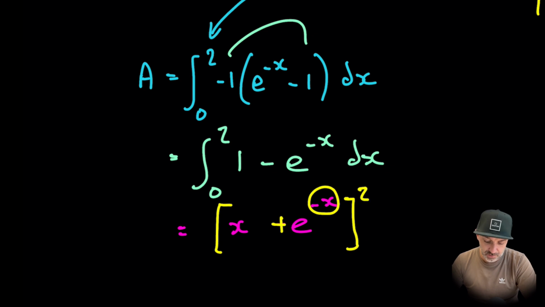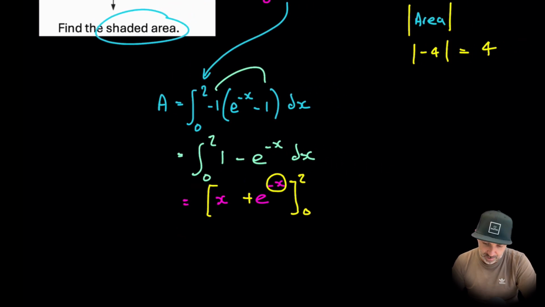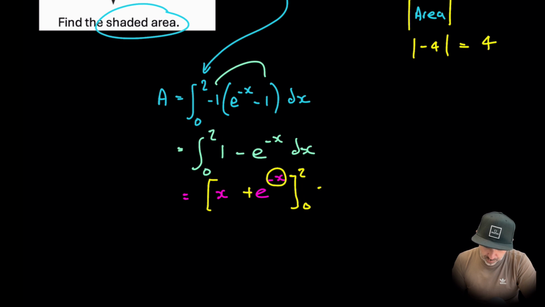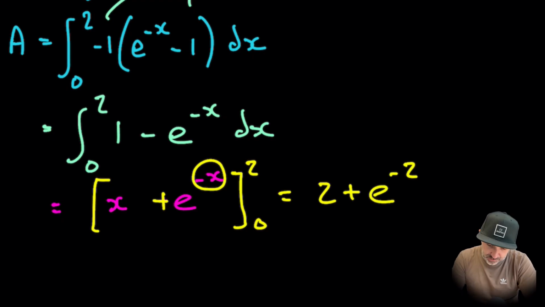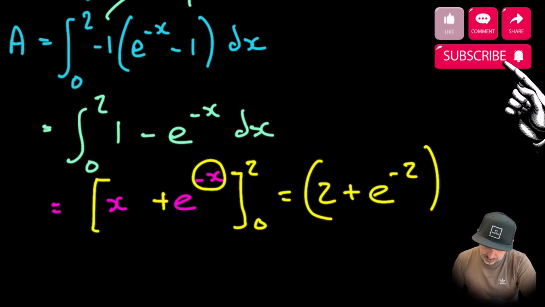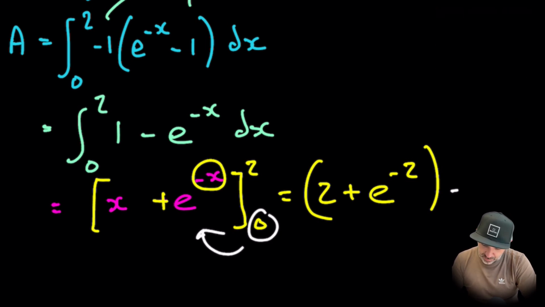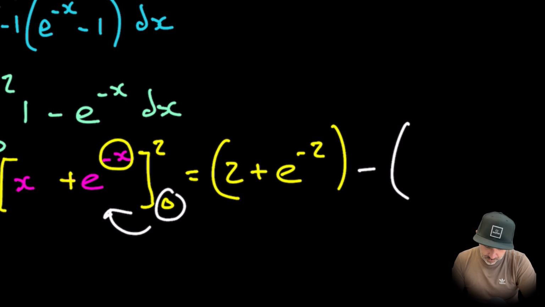So if I substitute those values in now, we're going to get 2 plus e to the minus 2, and then we plug 0 into this, so it's subtract. Now 0 into x is going to be 0. We've got to be a little bit careful here because 0 into this will be e to the 0, but that's actually just 1.